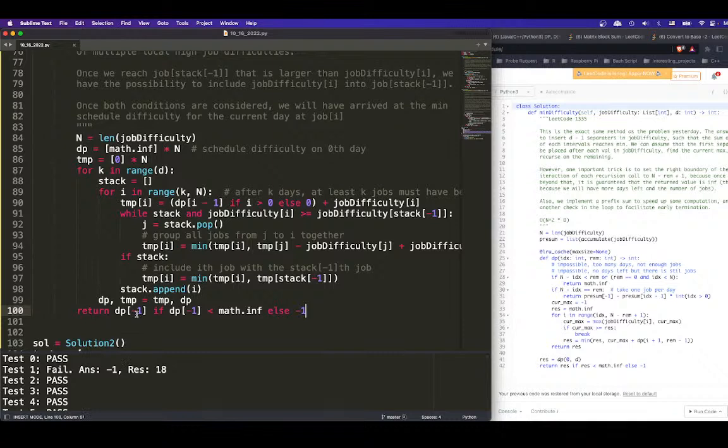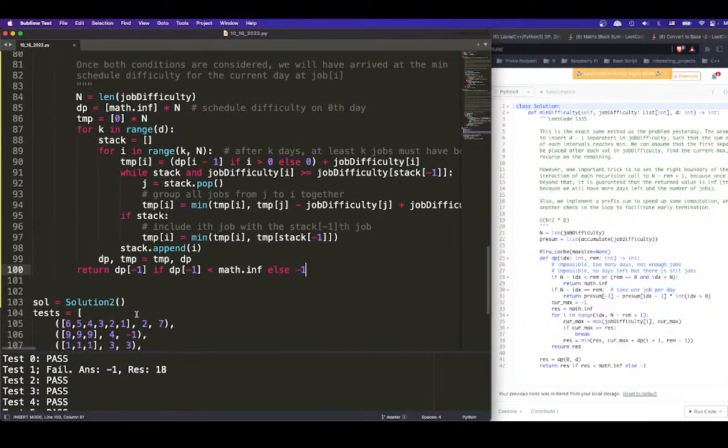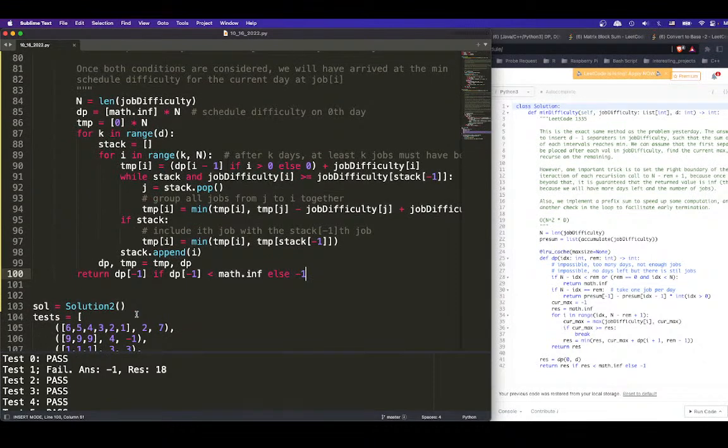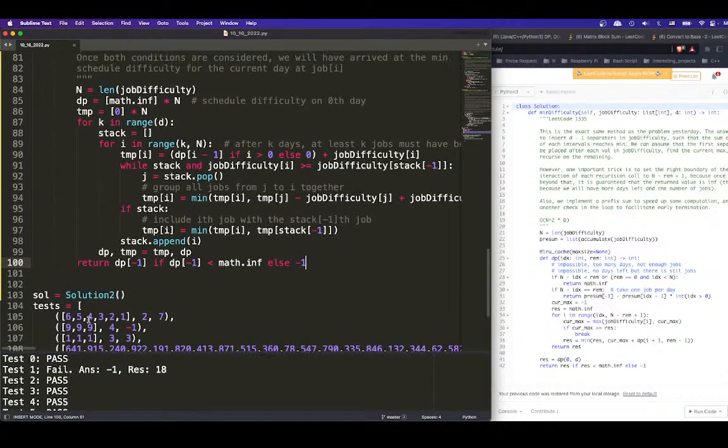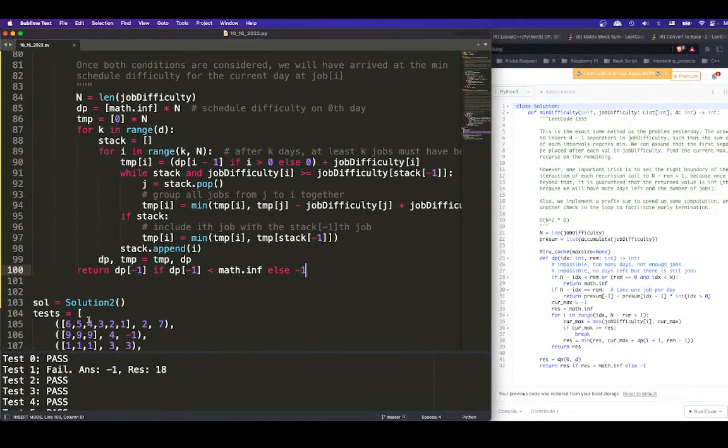I think we missed something. More days than jobs. We should do it at the beginning.